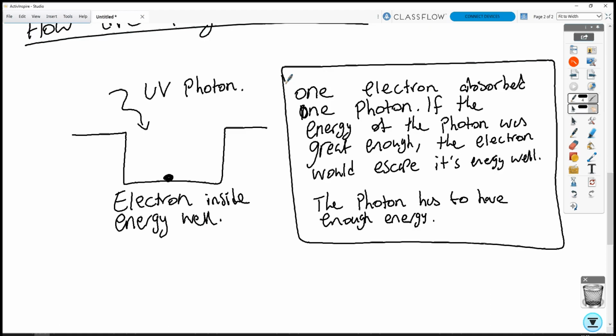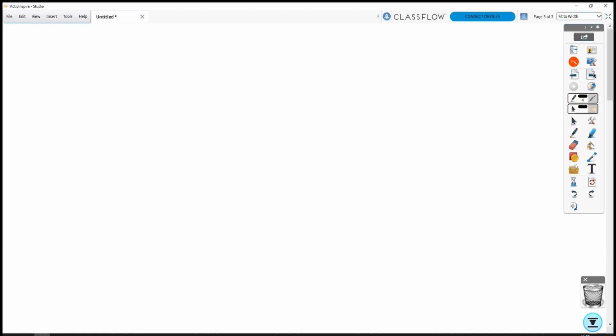Because blue light has a high frequency. Right, let's turn a page. So we'll add the statement that any energy that was left over from the photon turns into kinetic energy for the electron.